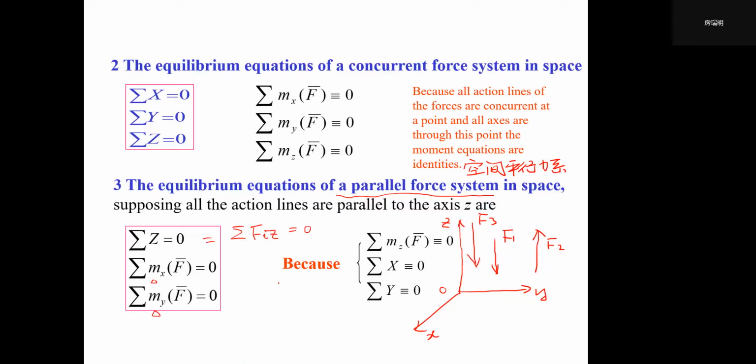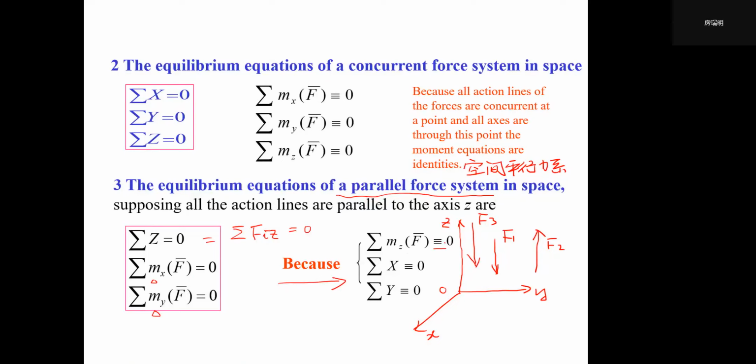And you guys can see that in the left 3, the first one, sigma Mz of F, means the moments of all the forces to axis z. You see, we have 3 short lines, which means this is an identity too, 恒等式. You see, all the forces' action lines are parallel to the axis.